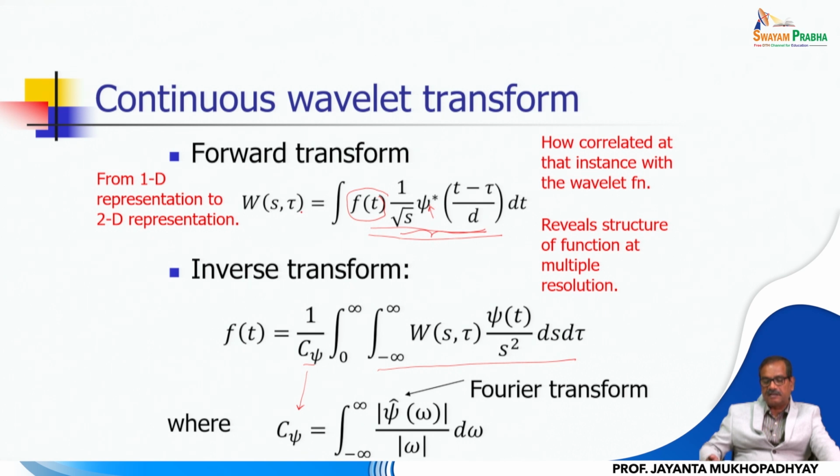So it reveals the structure of the function at multiple resolutions, because you can also vary the scale s and dilate the functions. When it is a narrow pulse, it has a larger support, so the structure would be in a larger interval, but when it is a wider pulse, it has a narrow support in the transform domain.